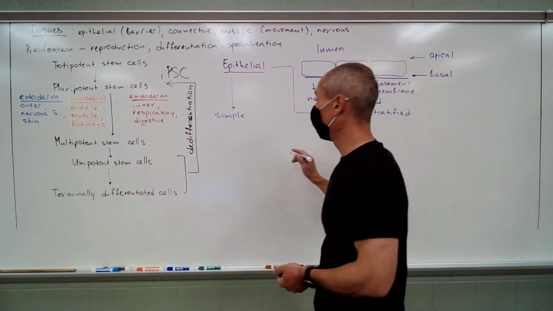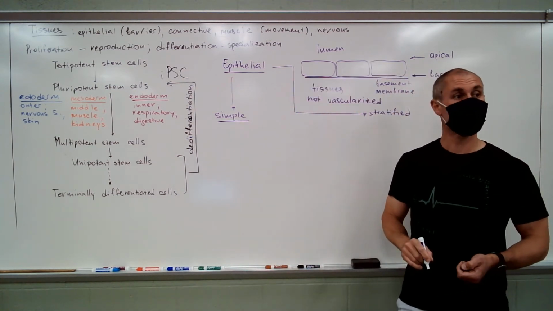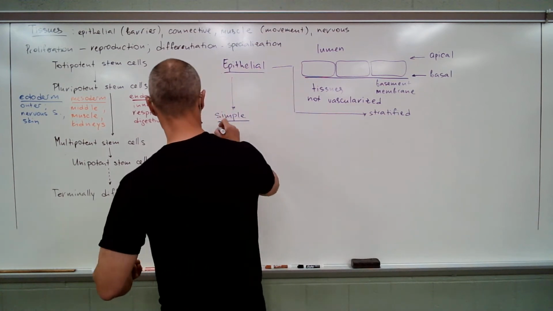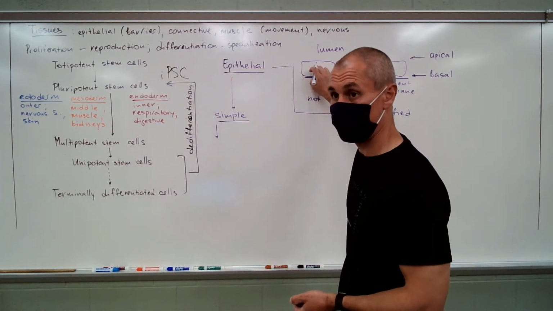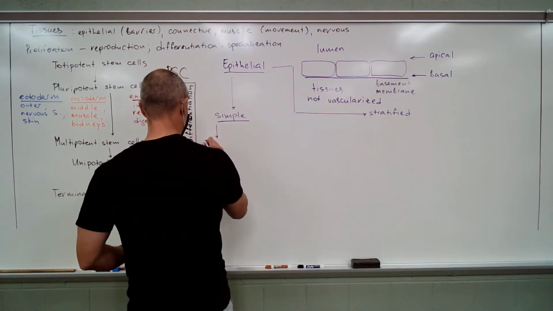Now, second approach to classification is the shape of the cells. So cells can be very flat, even more flat than these ones. Squeeze them like 3 times. That's going to be squamous.